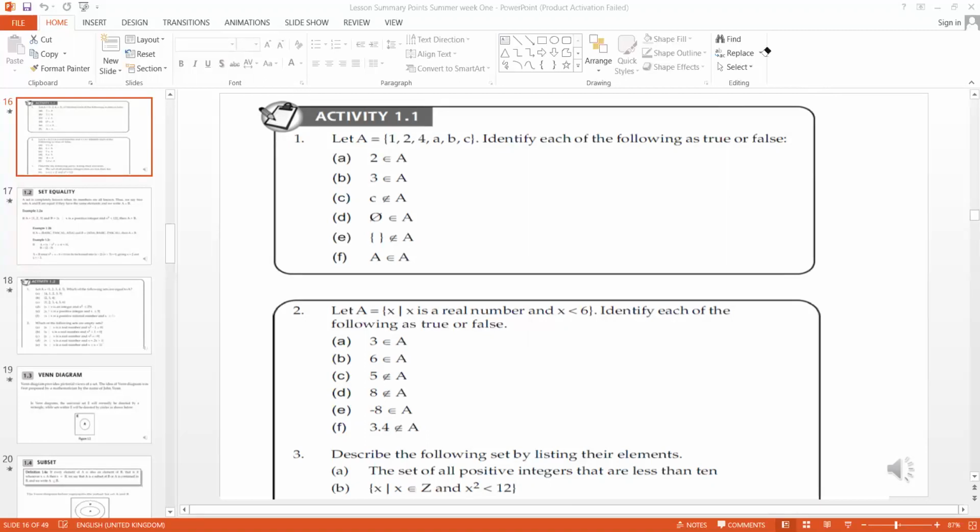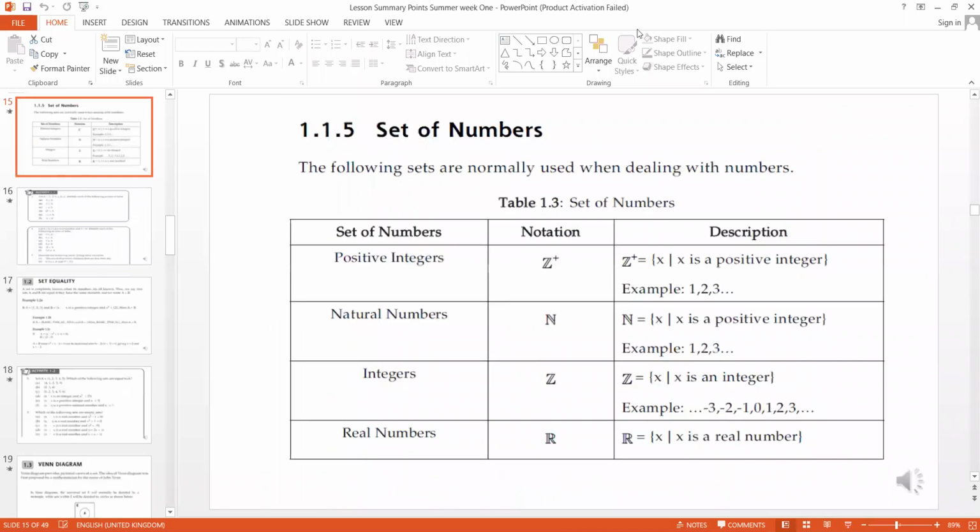Your question has to do with the type of the sets, okay? So if the sets we are talking about, let me go back to that table. It looks like a lot of you didn't take note of it. So these are the sets. If the set is natural numbers, it automatically starts from +1.